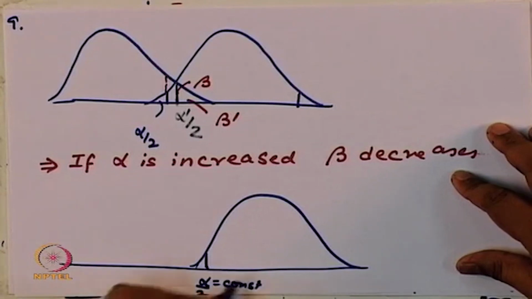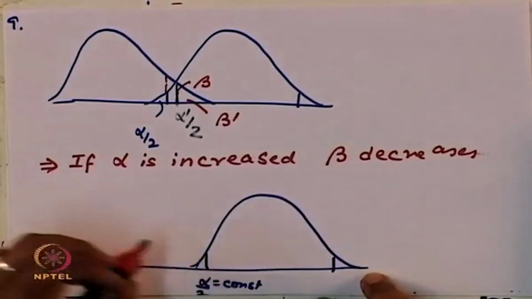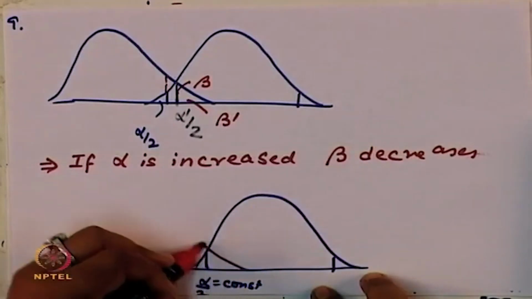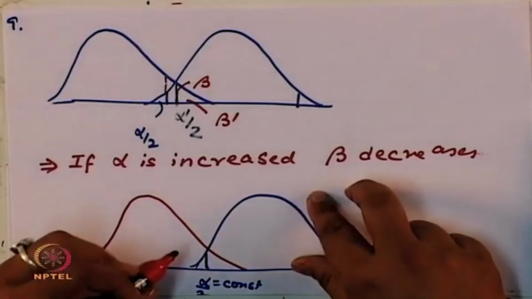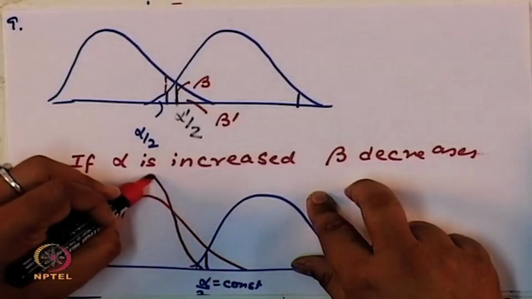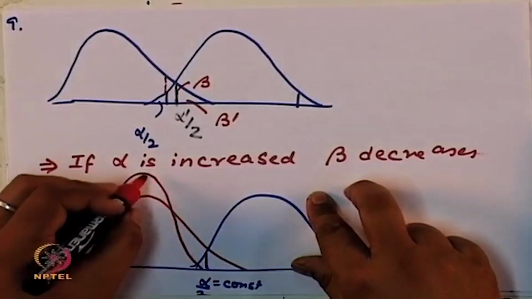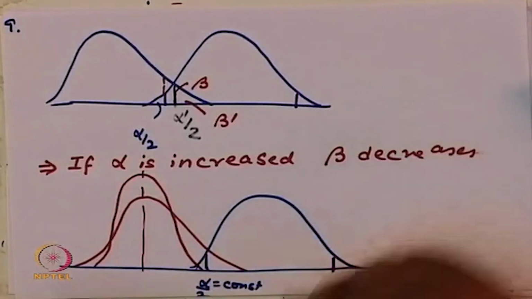So, this is alpha by 2, this is constant. So, I can draw a curve which is this one, or I can draw a curve, because the spread of this is dictated.